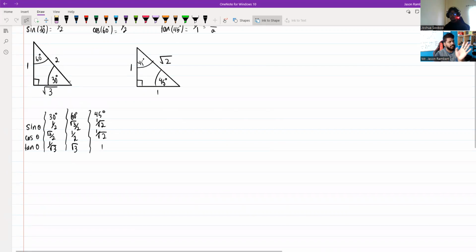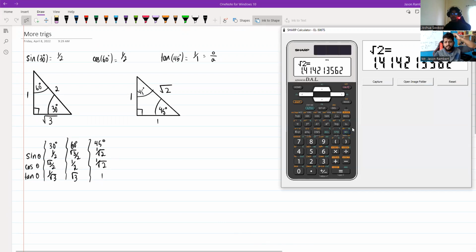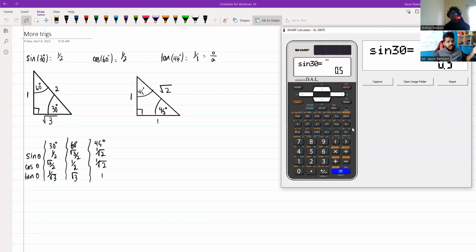Now remember, these three identities for these three angles, very easy to prove. Once you have a calculator, you can check and see which angles give us nice values. Sine of 30 gives us a nice value. I can put this in my triangle. Cosine of 60 gives me a nice value, and tan of 45 gives me a nice value. But sine of 15, just keep in mind 15 degrees, right?